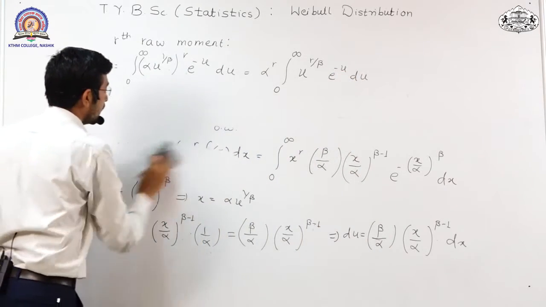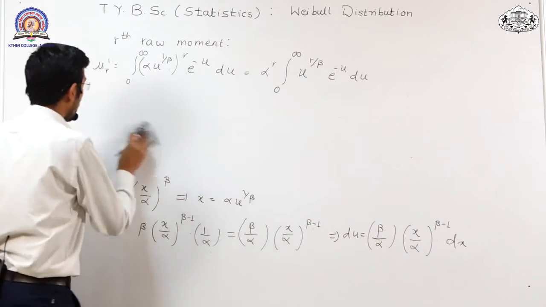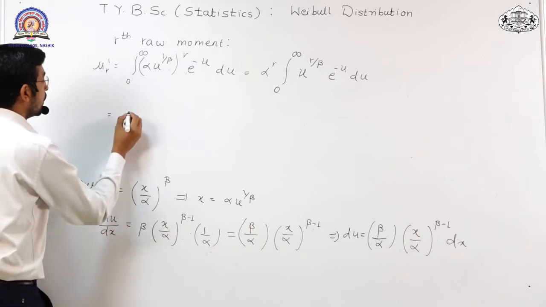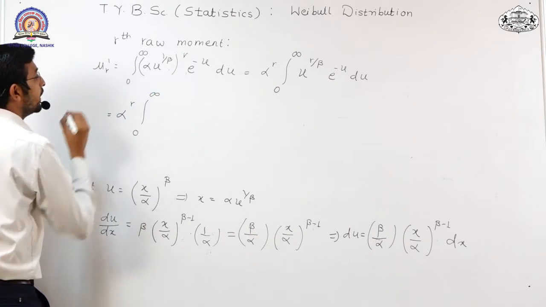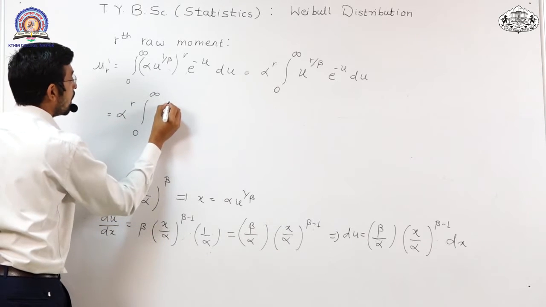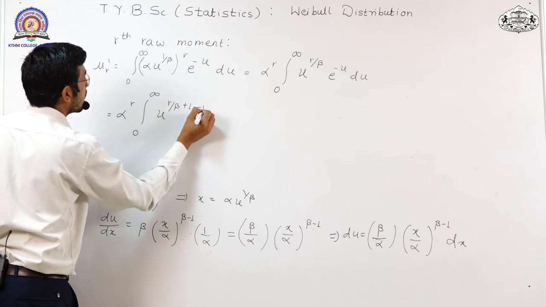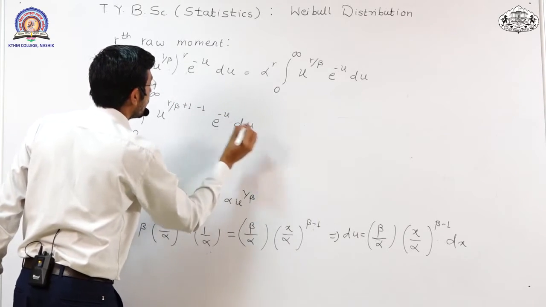Now in the power of u, I just add plus 1 and subtract 1. So we get alpha raised to r integration 0 to infinity u raised to r upon beta plus 1 minus 1 e raised to minus u du.